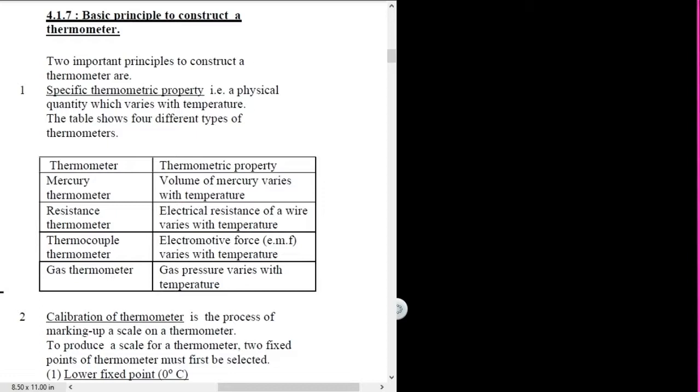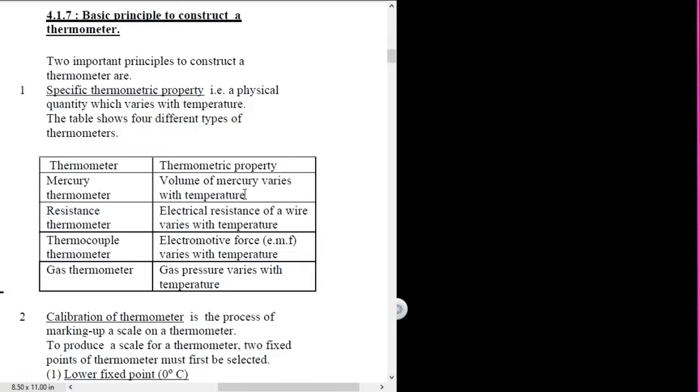So the table shows four different types of thermometer. First one, we have the mercury thermometer. By using the mercury thermometer, which thermometric property do we use? We use the property of the mercury where the volume of mercury varies with temperature.